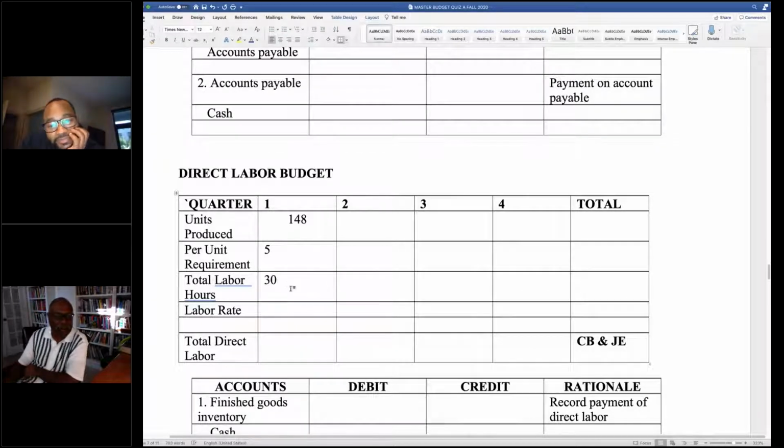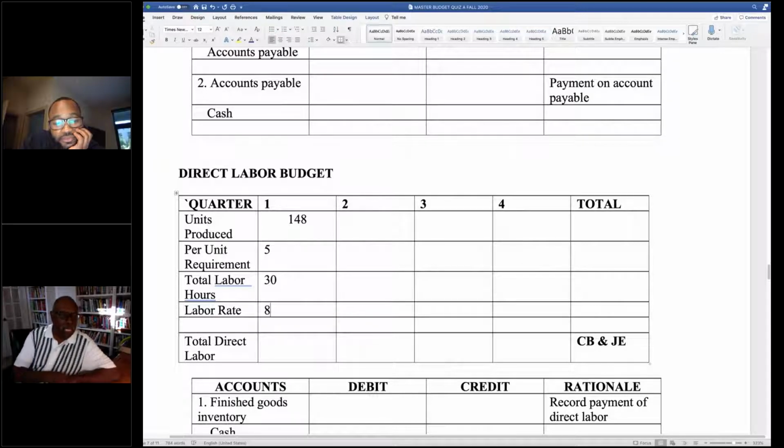What's your labor rate? It was $8 an hour. Remember what it was? It'll make $8 an hour.